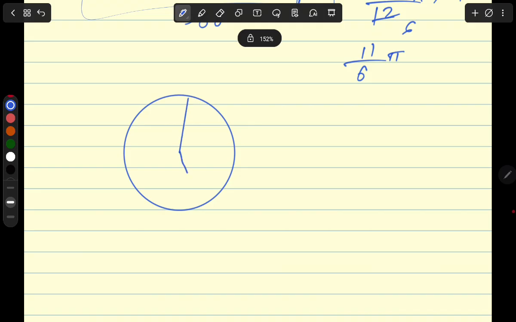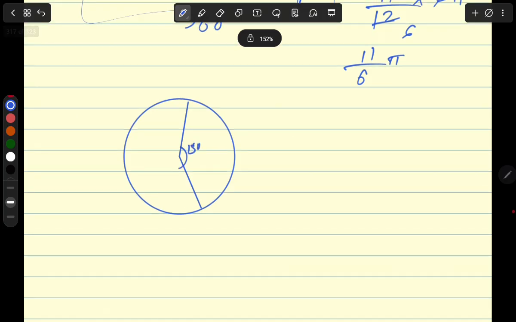So 150 degrees is going to look something like this. So if this is 150 degrees, so this is what proportion of a circle? So this is 5 upon 12 of a circle, and circle has 2 pi radians, so this is 5 upon 6 pi. Okay, so this angle is going to be 5 upon 6 pi, because 1 radian corresponds to 1 arc length of r centimeter, right?